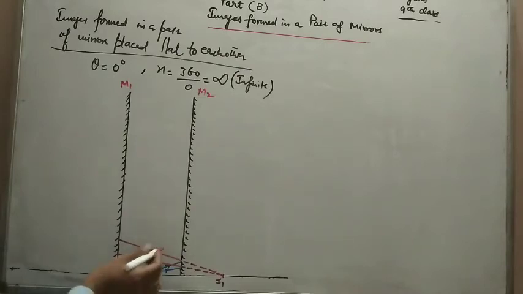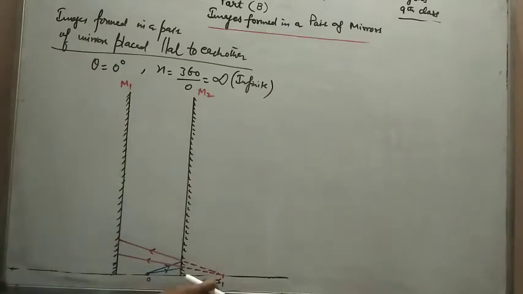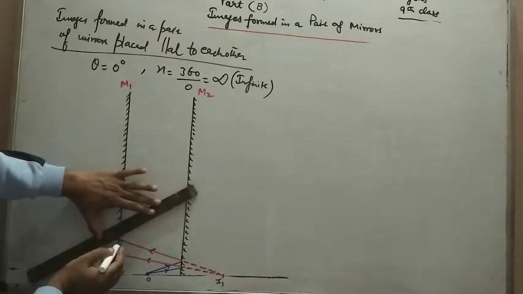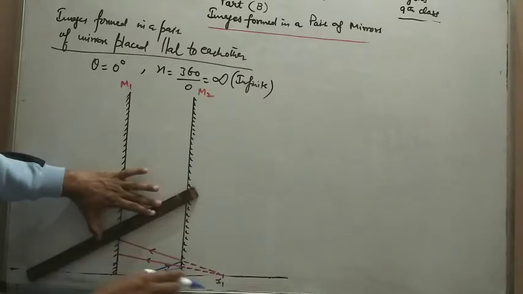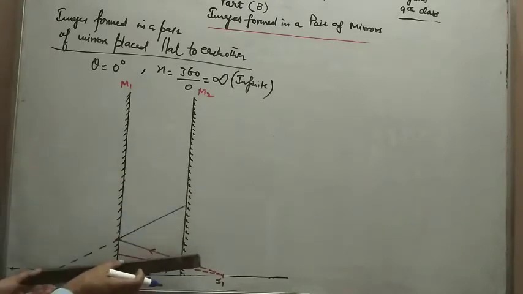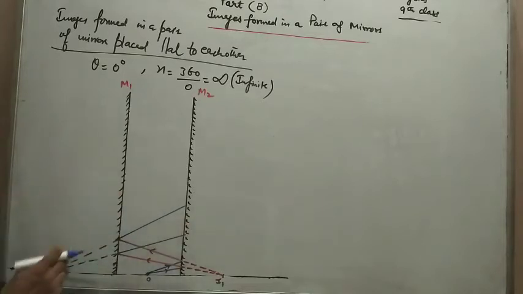These are the reflected rays. Now this I1, which is a virtual image of the object, acts as a virtual object for the M1 mirror, and it will form an image on this side, in this way. Say this is image I2.